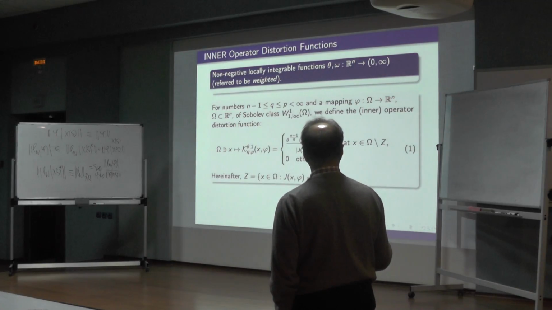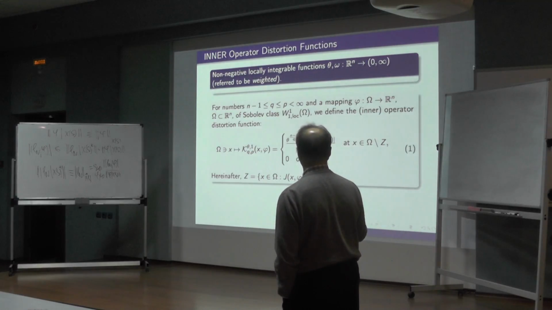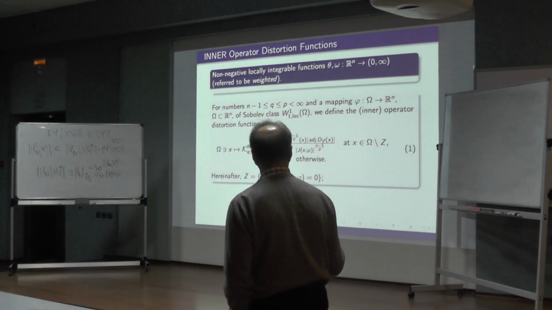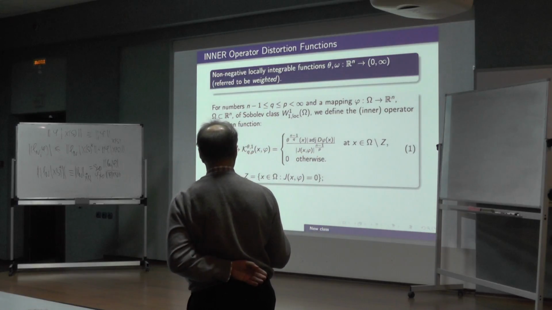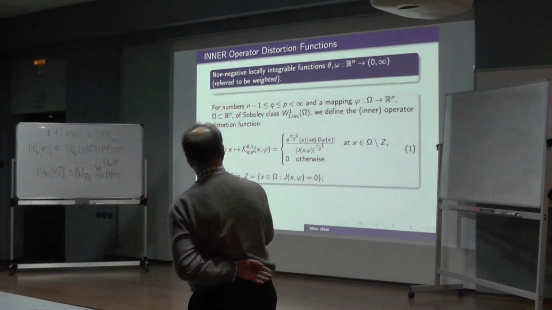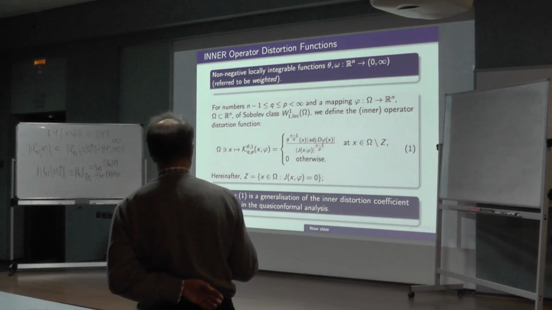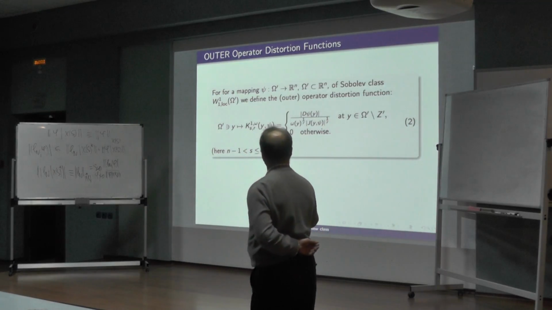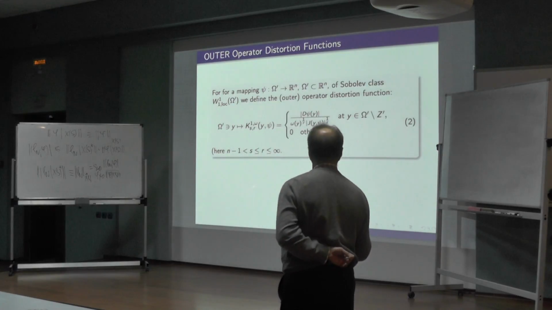But what is zeta? Zeta is the set of points where the Jacobian vanishes. Then K is calibrated. Then we have the outer operator distortion function.